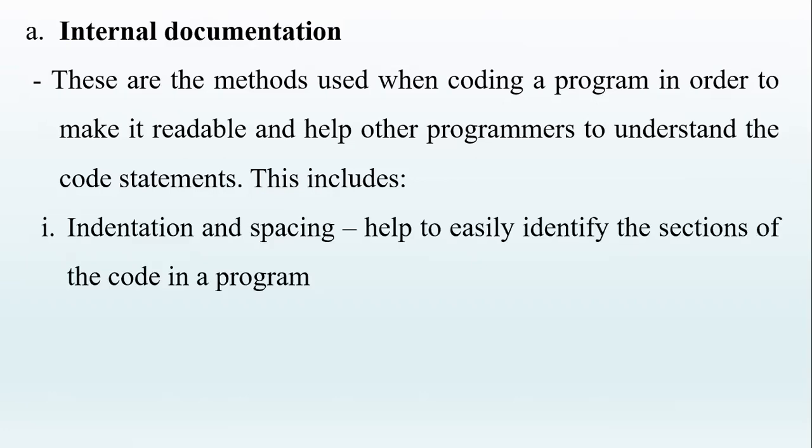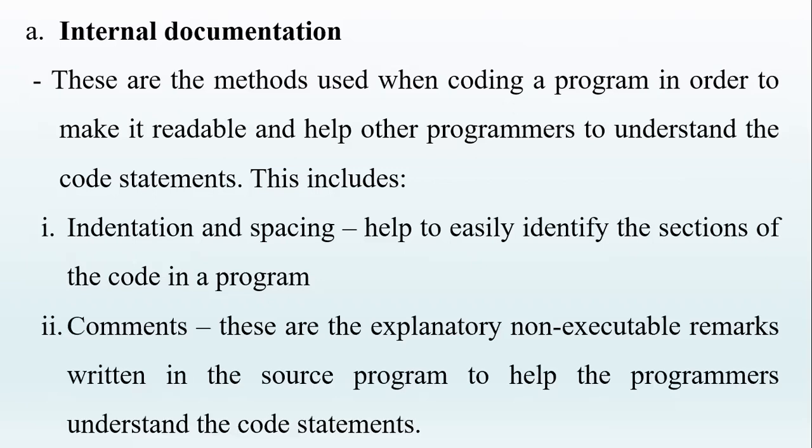This includes indentation and spacing, which help to easily identify the sections of the code in a program. Number two is use of comments. These are explanatory, non-executable remarks that are written within the source program to help programmers understand the code statements or what a section of the code does.